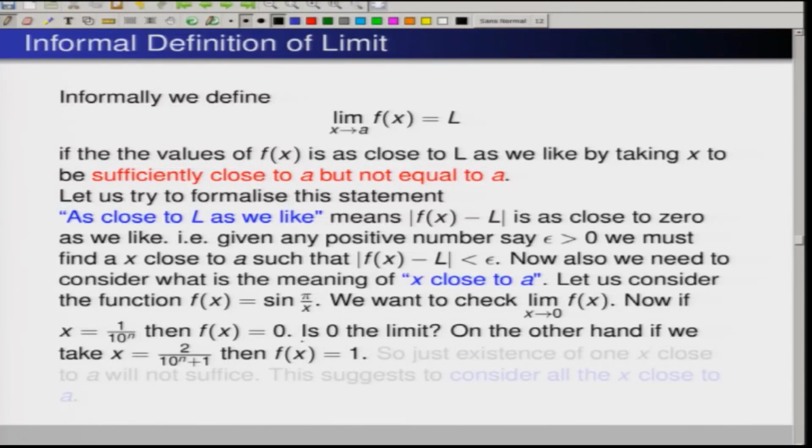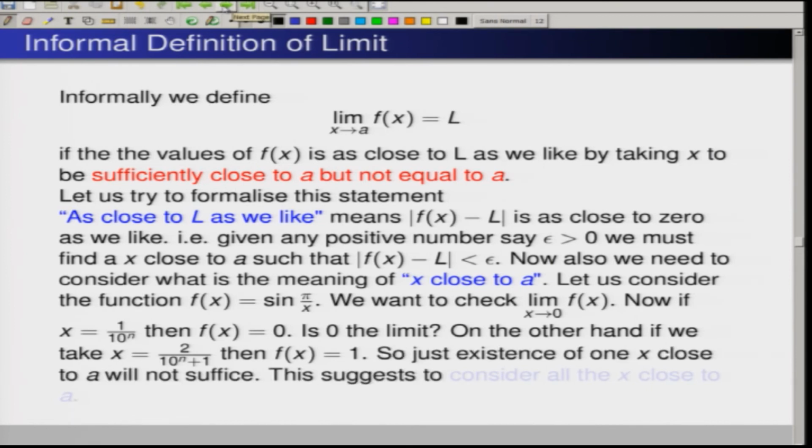So now in one way, by taking some close points I am saying that this is going to 0, and by taking other close points I am saying that this is going to 1. So what is then the meaning of x close to A?